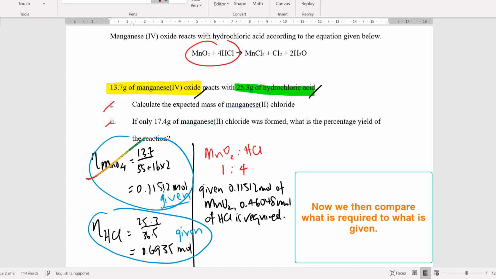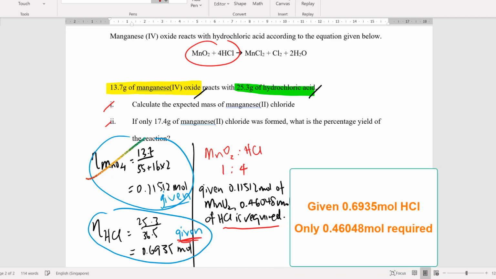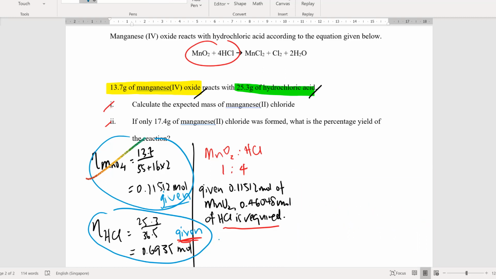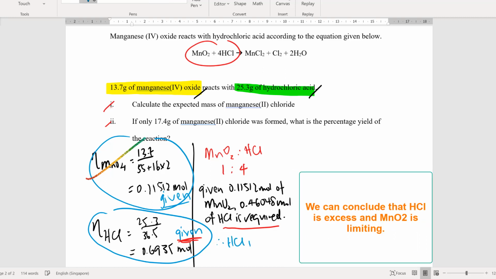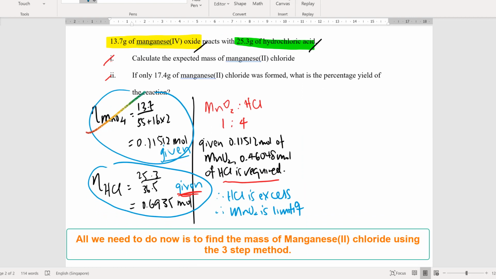Now we compare what is required to what is given. Because we are given a lot more than required, we can conclude HCl is in excess and MnO2 is limiting. Once we do this, all we need to do is find the mass of manganese chloride.